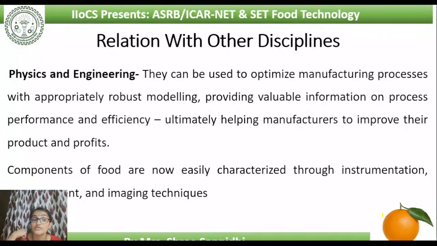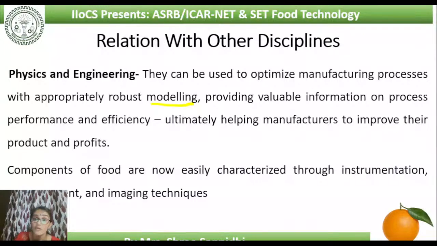So how do we use physics and engineering? It is used in almost every aspect of food production. First being the modeling, in the sense of designing. They first design the production area, also design the product, everything requires physics.